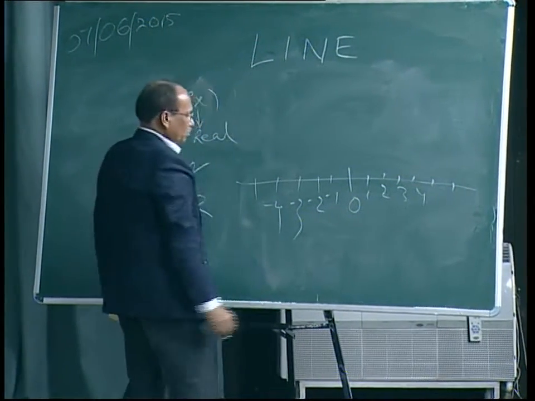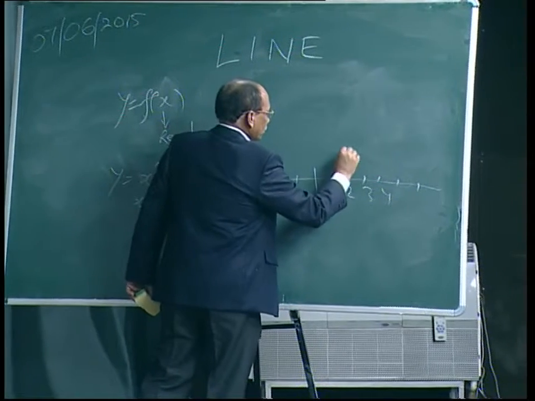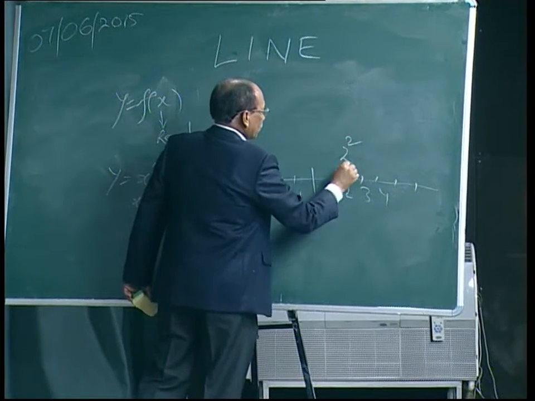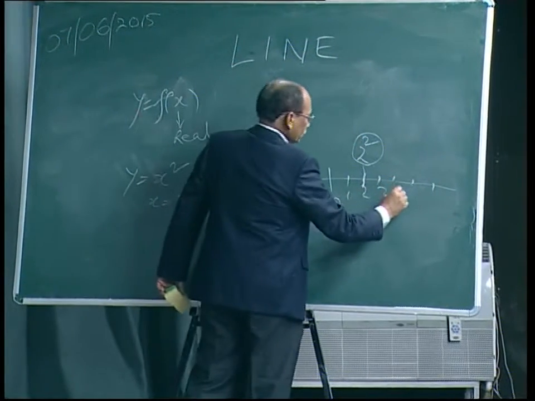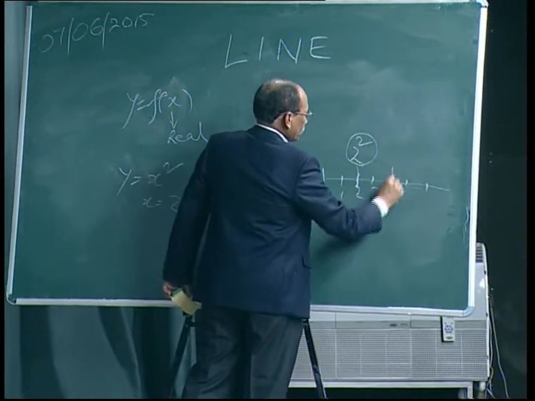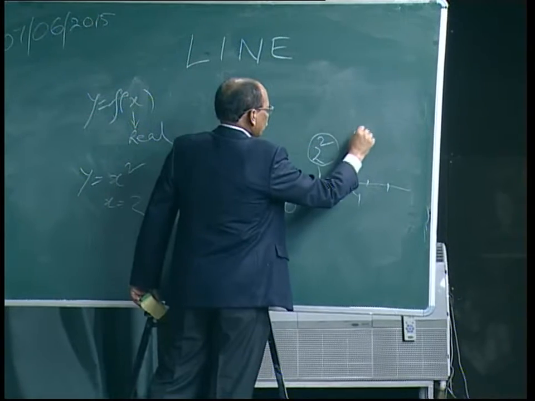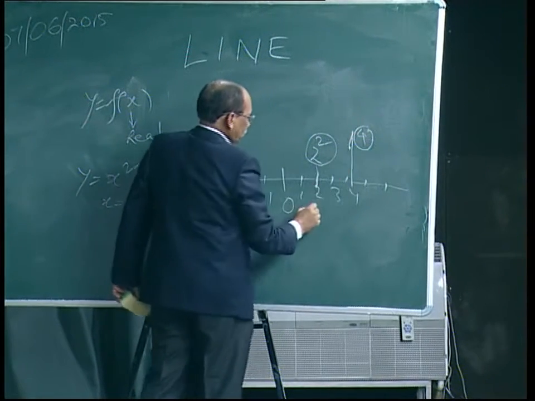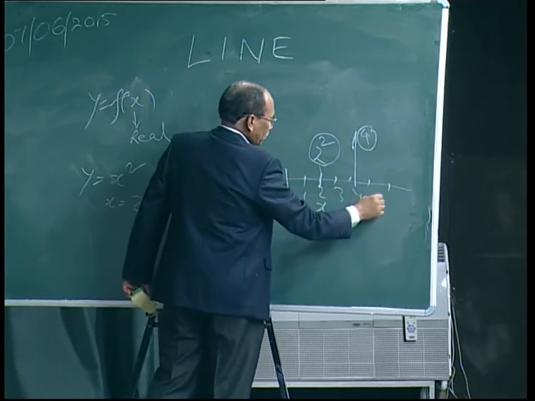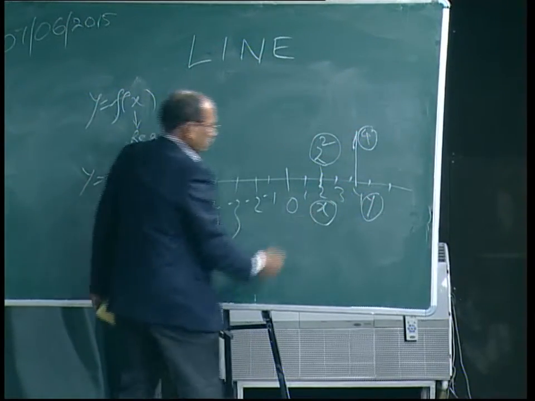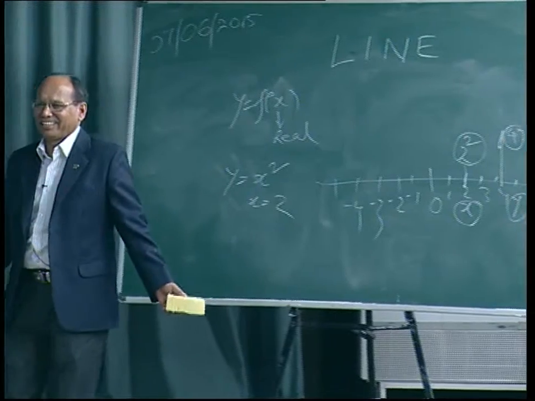Minus 4. So, this 2 square you told, what is 2 square? It is 4. This will be the 4. So, this is your x and this is your y. Both of them are on the same axis. It should be, because it is a number line.